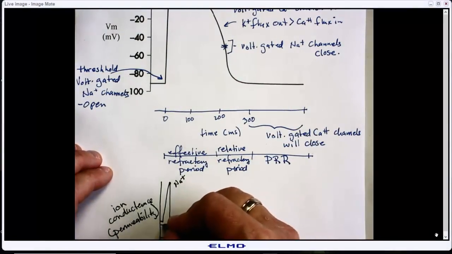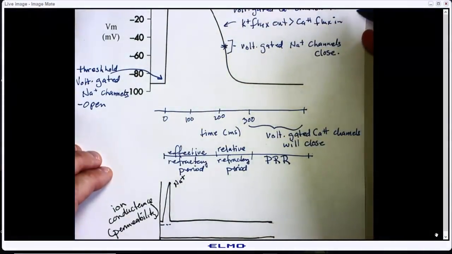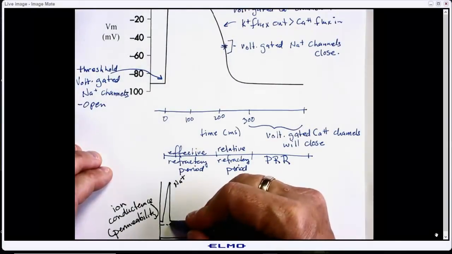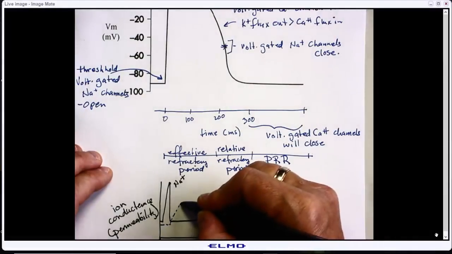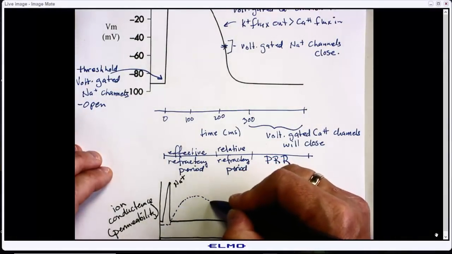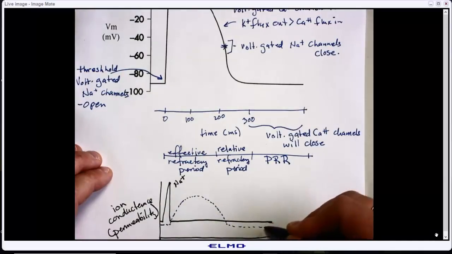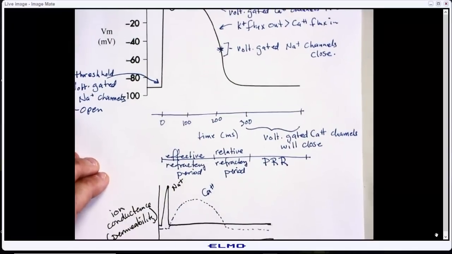So we would start to open them and then they close or inactivate over here. Okay, so we will start to see some sort of permeability. They're slower to open, they're slower to close. Okay, so that would be our calcium permeability.